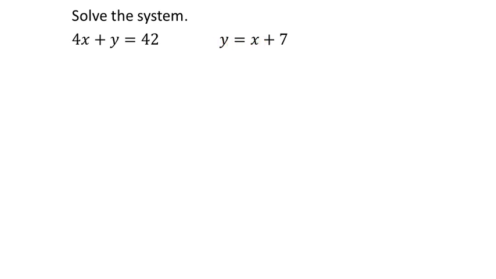This is slope-intercept form. So what you can do, if you wanted to use the calculator on this one, let's say you wanted to graph, then you'd have to subtract 4x from both sides on this equation, and then you can put both equations into the y equals function of the calculator and graph it. And then you can use the intersection function of the calculator to figure out where they intersect on your graph.